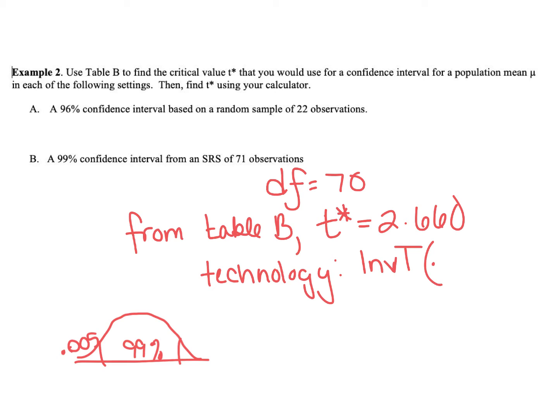So I'm just again going to put my left area in of the left tail. Degrees of freedom is 71. And when I do that, I get negative, but I'm going to switch it to positive, 2.647. So you see that this T critical value is a little bit smaller, and that's because we didn't need to round down our degrees of freedom to 60.